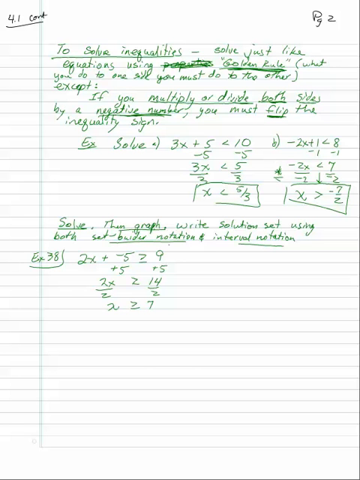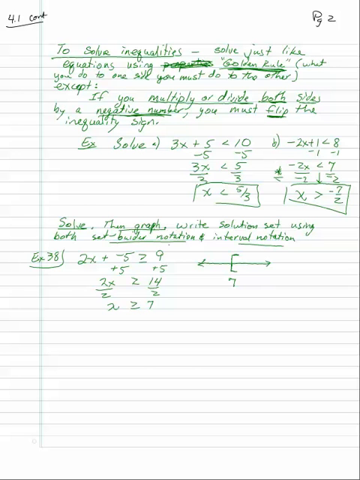Graph it. So we're going to make a number line. Now the graph's pretty easy. If you don't label where 0 is and scale it, just put where we start, 7. We're going to put a bracket and shade to the right. And the equal to's part, so we're going to use a bracket.